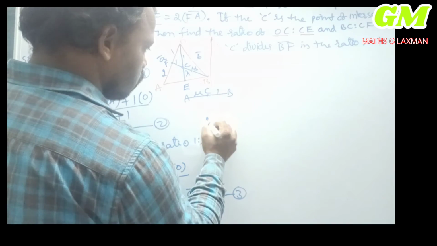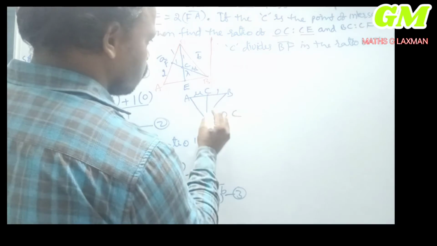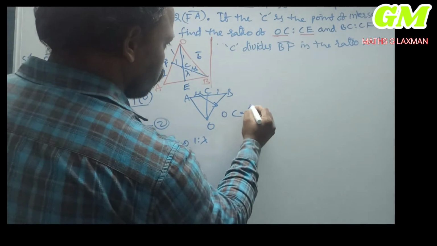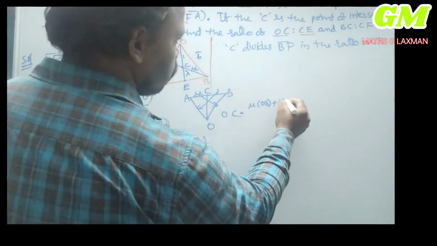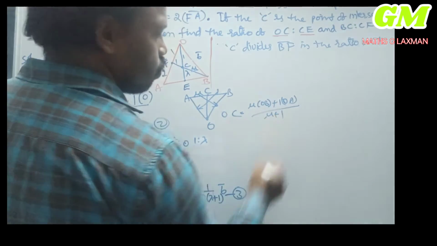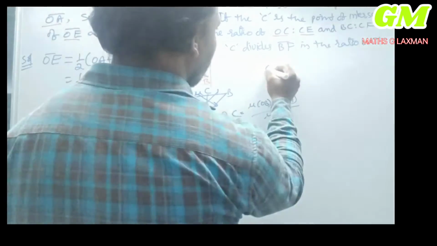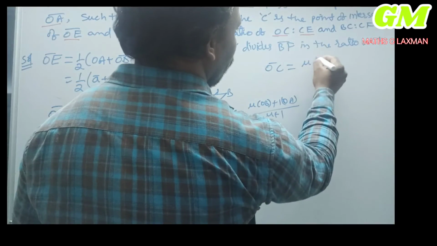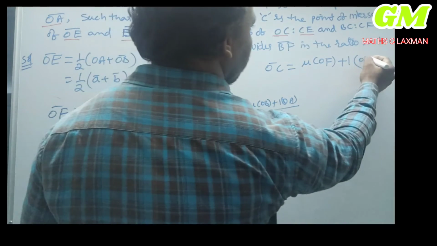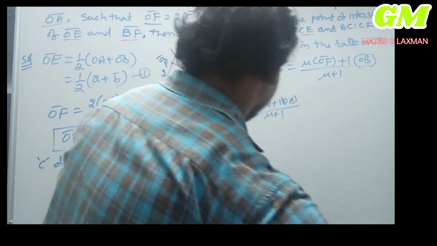So O is the point, this is O. If you take like this, OC is equal to mu into OB plus 1 into OA, divided by mu plus 1. The same formula we should apply here: OC is equal to mu into OF plus 1 into OB, divided by mu plus 1.